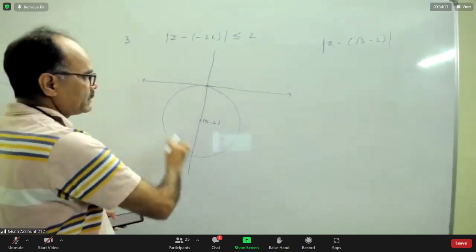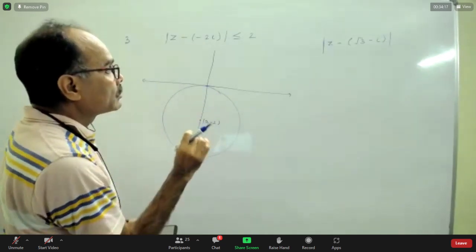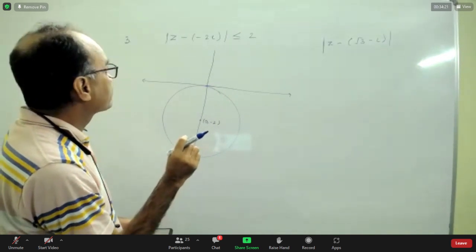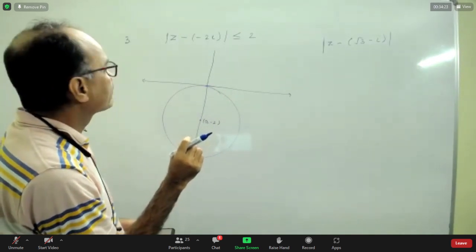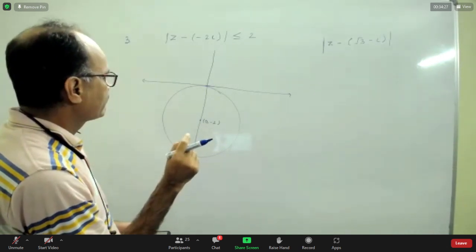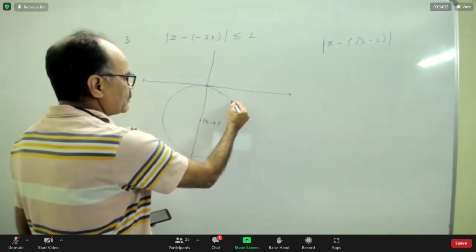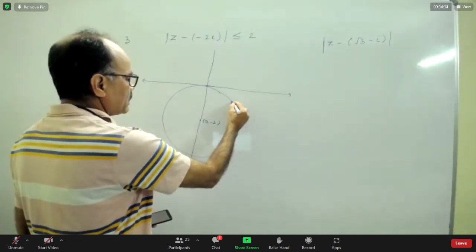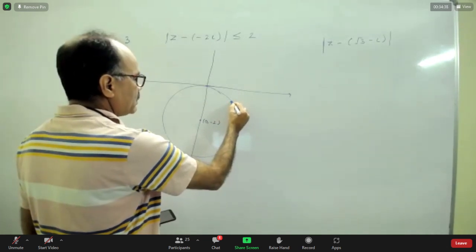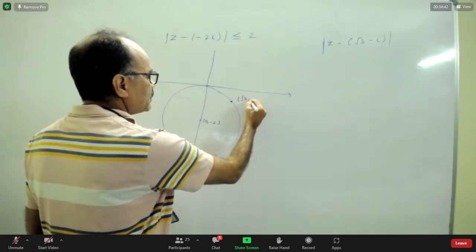Now, the distance from any point on the circle or inside the circle to the point root 3, minus 1. Root 3, minus 1 will be on the circle. This is root 3, minus 1.